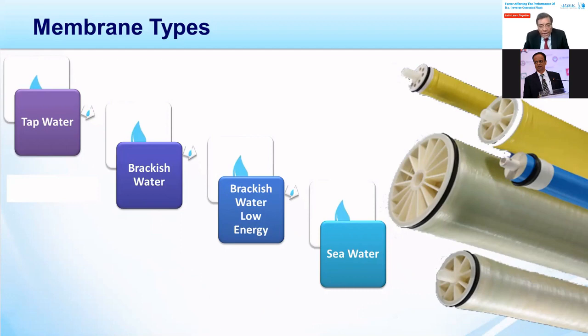These are the tap water membrane, brackish water membrane, brackish water low energy membranes, high flow membranes, and seawater membrane. The choice of membrane depends upon the application as well. And to me, mostly in industry, the brackish water membranes are used for saline water. Brackish or seawater membranes are used.